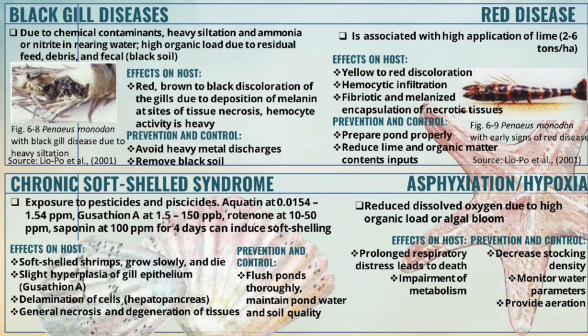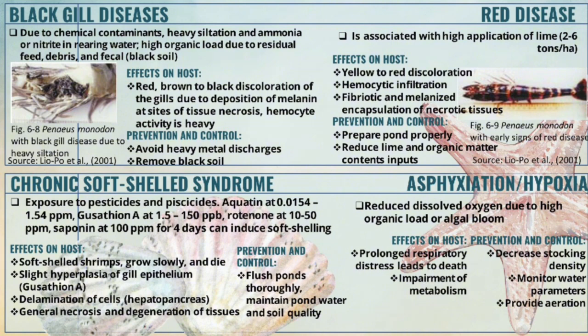Next is we have asphyxiation or hypoxia. This is due to reduced dissolved oxygen due to high organic load or algal bloom and subsequent die-off and high temperature. So for our clinical signs, affected shrimp showed surface swimming and sudden mass mortality.